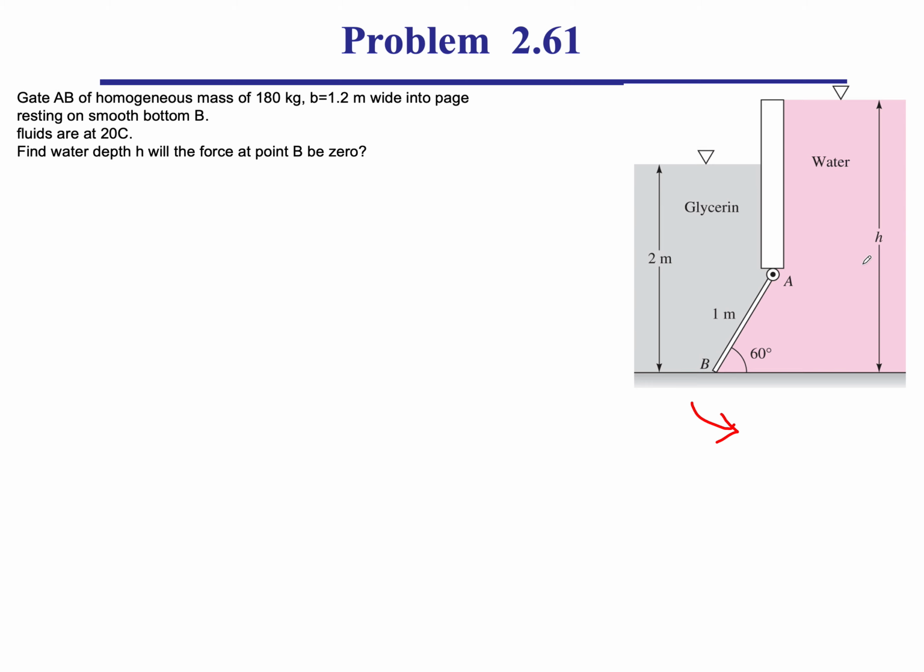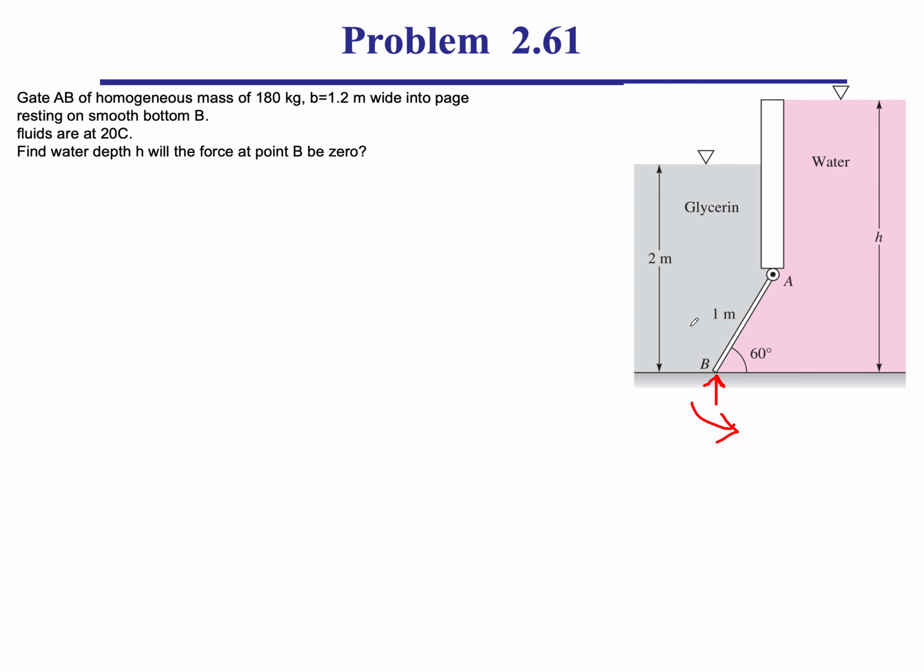What is this height h, the water height, for the vertical reaction at point B to be 0? We've already said that it's a smooth surface, so it's frictionless. So we don't have a horizontal reaction at B. And now they tell us there is no vertical reaction at B. So this is the critical height, beyond which any additional increase in the height of the water is going to open the gate and induce the mixing.